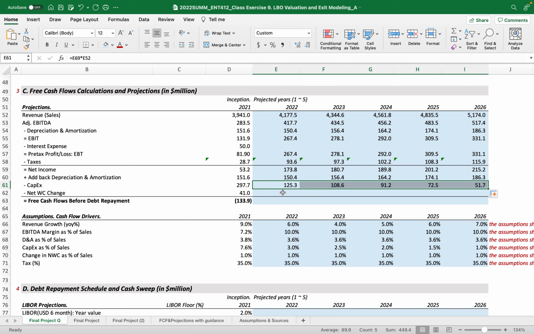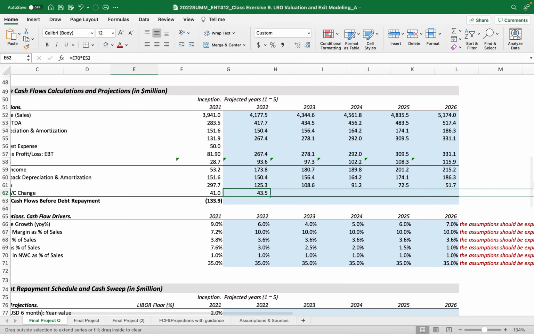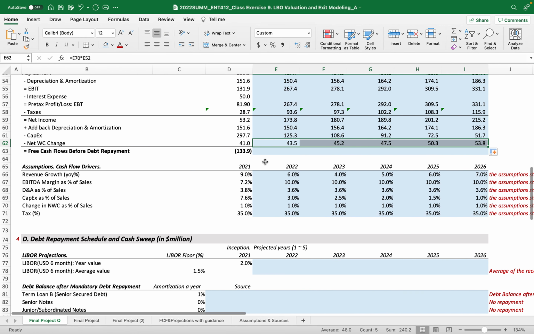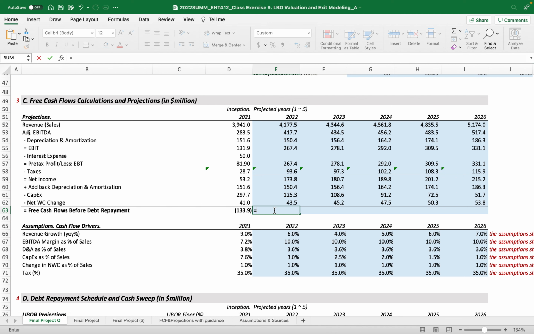Then let me drag, and then the operating working capital from this assumption is 1% of total sales. Then free cash flow before debt repayment is net income plus add back minus capex minus net working capital. So we have the free cash flow before debt repayment, right?